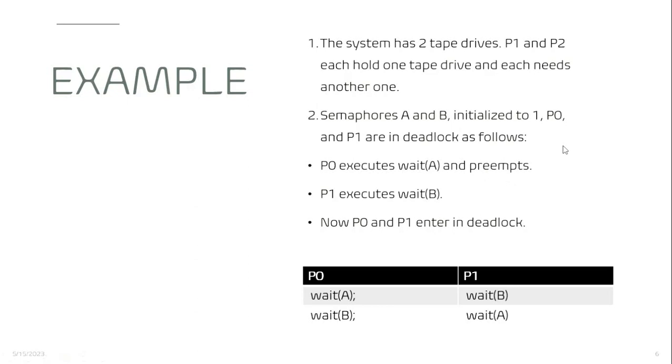It takes P0 into the waiting list, and P1 executes wait B. P1 is waiting for resource B and P0 is waiting for resource A while they are holding each other's resources which they are waiting for. Now here P0 and P1 enter into deadlock. We can understand by this table that P0 is waiting for A and P1 is waiting for B, and then P0 is waiting for B and P1 is waiting for A. This creates a deadlock situation because neither P0 nor P1 can get executed.